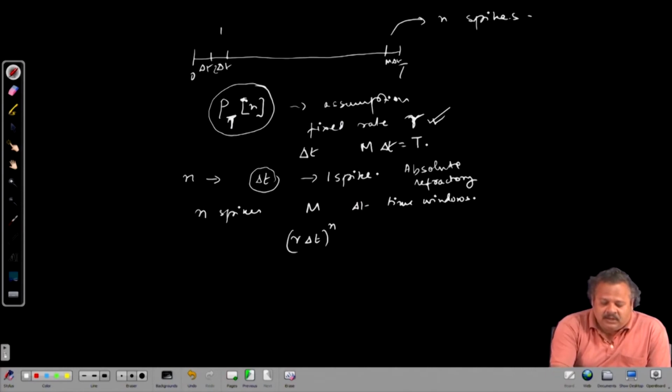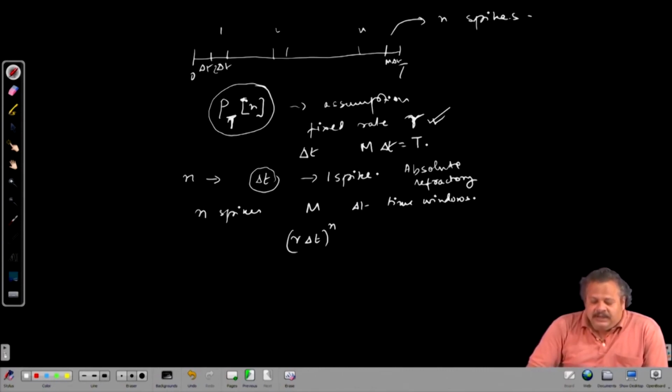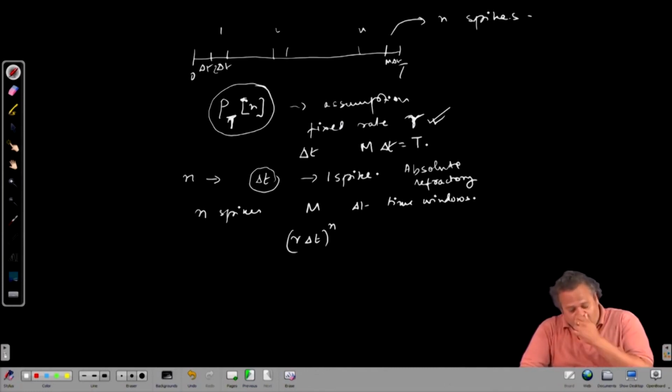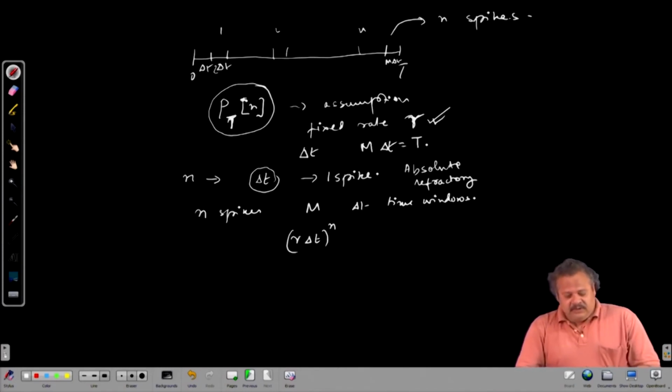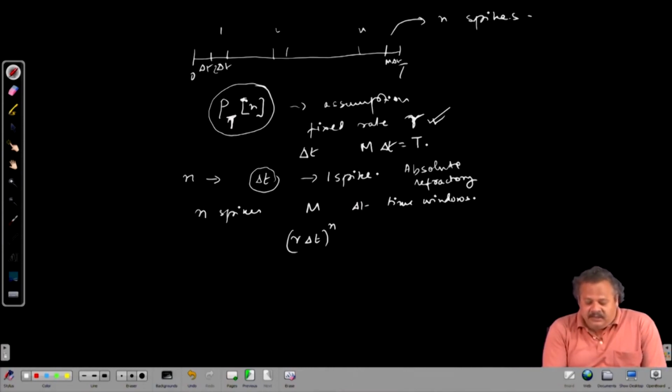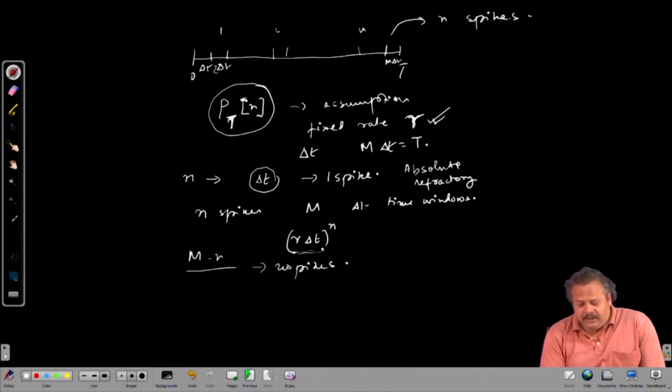Let us say we chose n bins, and in each of those windows delta T is very small, so only one spike can occur, and we know that the probability of a spike is simply R times delta T, the rate of spiking times delta T. Since they are independent, all those probabilities get multiplied, giving (R delta T) to the power n. Similarly, the other M minus n bins cannot have spikes, and the probability of that is (1 minus R delta T) to the power M minus n.